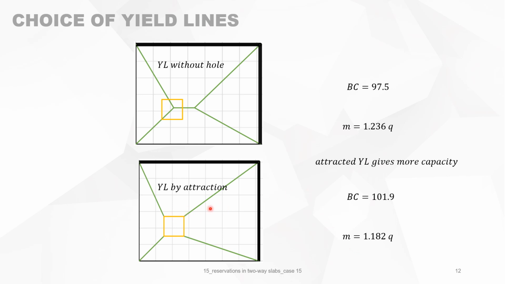This means that when you are using attracting yield lines, in this case, it gives you more capacity, if you compare it with the 30, 45, 60 rule. So it's all right to use this yield pattern, but be careful because you can have a yield line situation which is more severe.